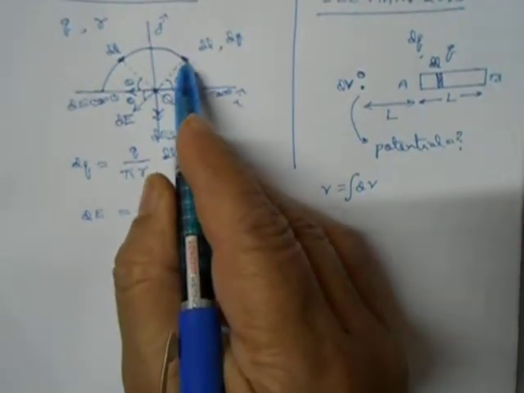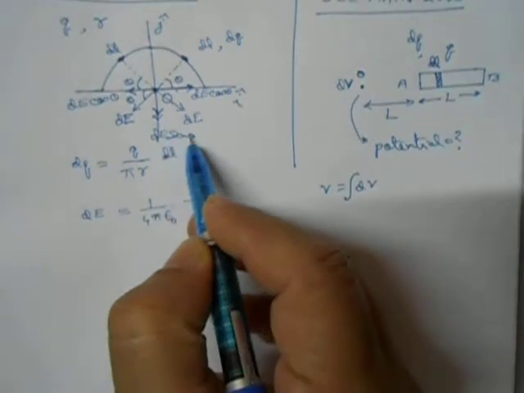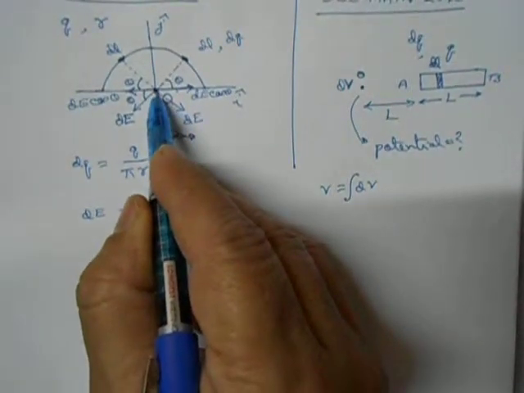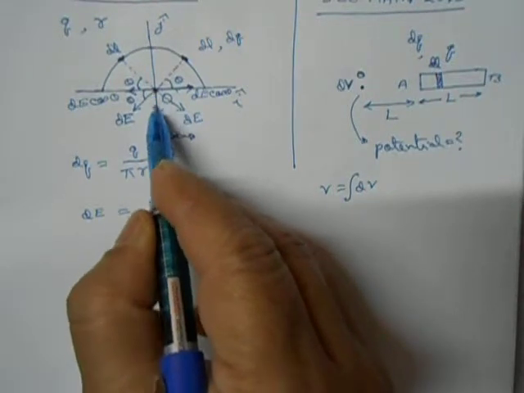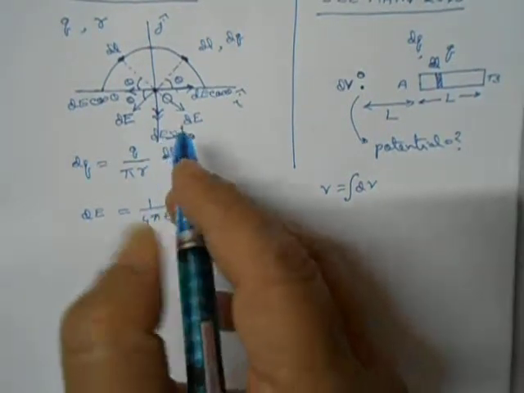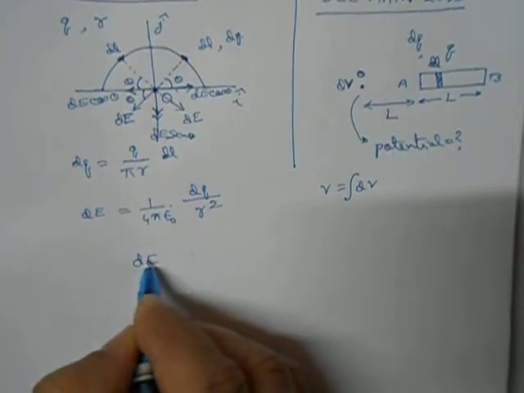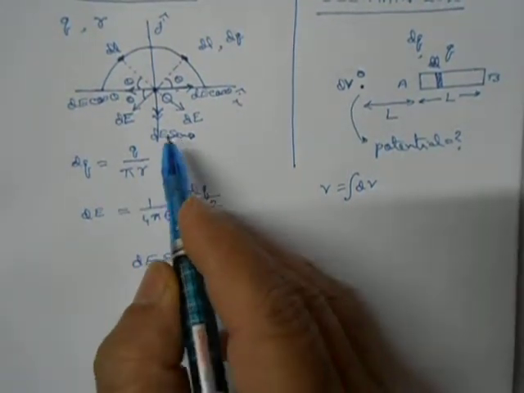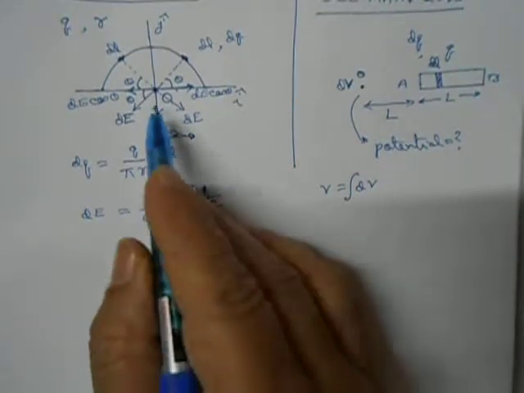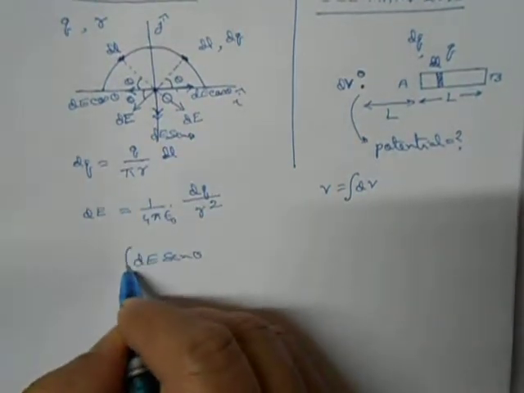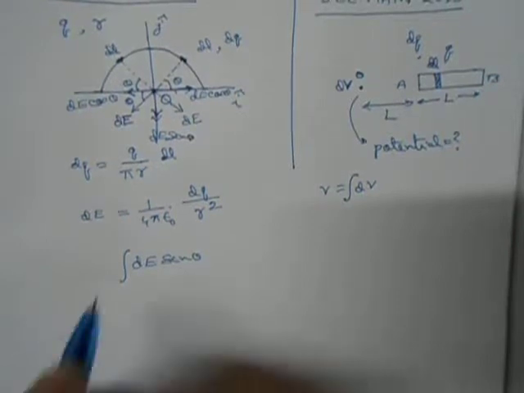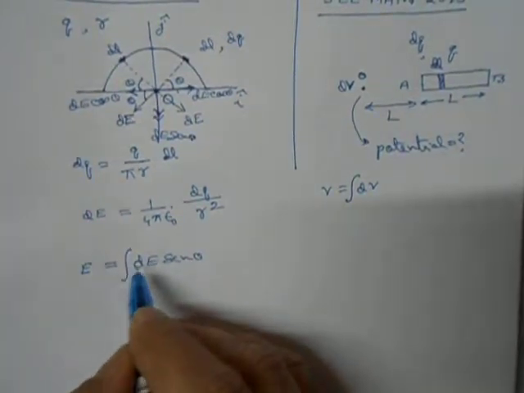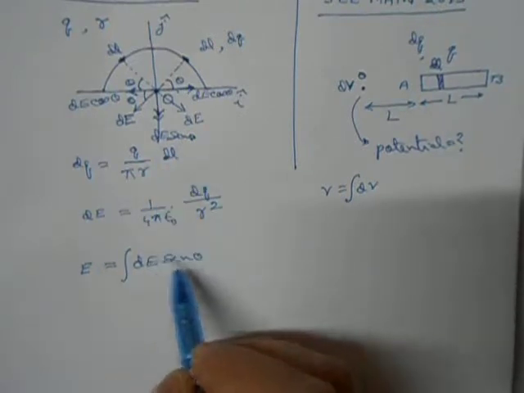Each element contributes dE sin theta. So the electric field at this point will be along this direction, so that will be dE sin theta. So sin theta components have to be added up. Added up means to be integrated. So the total electric field E we can get by integrating dE sin theta.